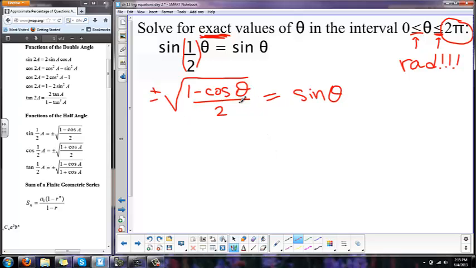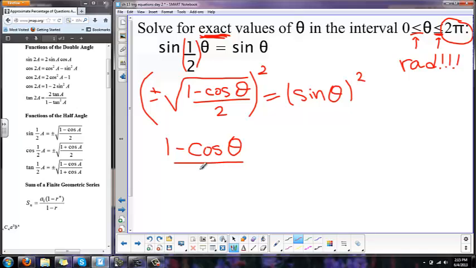So because we have this huge radical right here, I'm going to go ahead and square the left hand side because everything's underneath the radical, and square the right hand side as well. So this becomes 1 minus cosine theta divided by 2 is equal to sine squared theta.